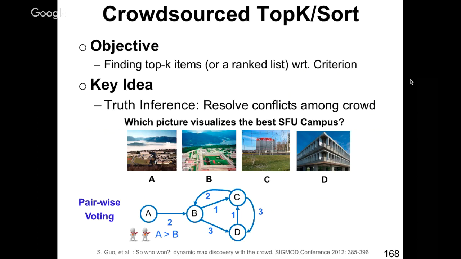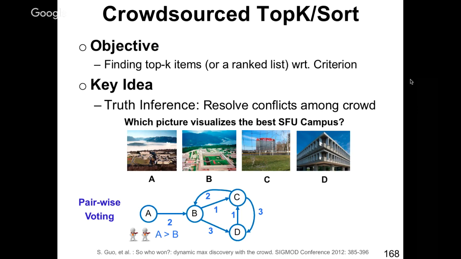And we may observe 2 very interesting phenomena. The first one is that there could exist so-called conflicts in these pairs. Two workers said B is better than C, while one worker said C is better than B. You may think that we can just solve this problem with traditional majority voting, but you will soon observe that there could be global conflicts.